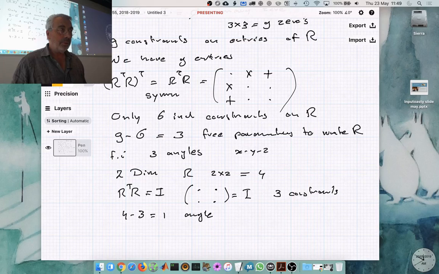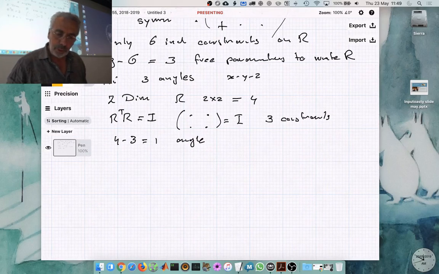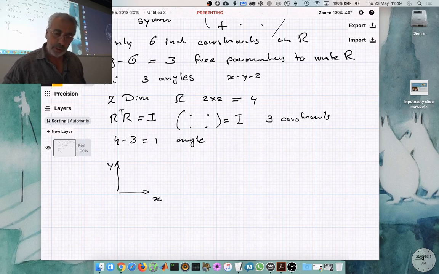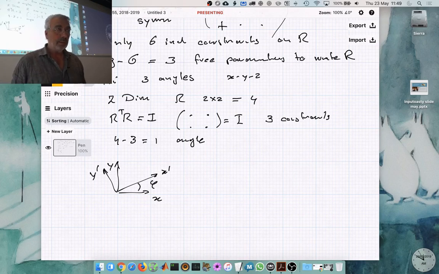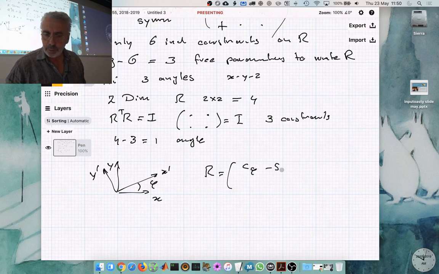Well, that sounds about right. Because I have 2 axes, x and y, and then orientation we say, oh yeah, there's this other coordinate system, x prime, y prime, and then I have this angle phi. So the math is okay. And if we think what was the rotation matrix, well, if I do it by head, I always make errors, but it's something like this.